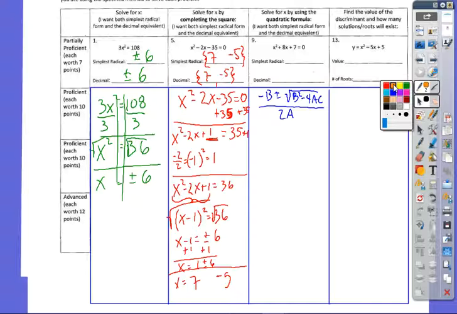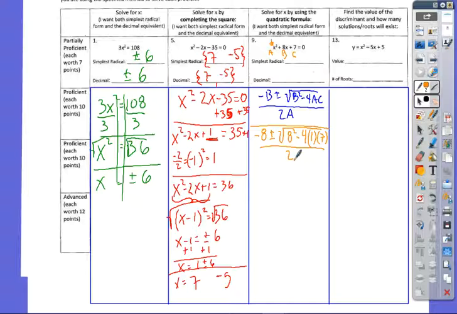I can see by the equation my a term is here, my b term, and my c term. So my b is 8. So we end up with negative 8 plus or minus the square root of 8 squared minus 4 times my a value, which is 1, times my c value, which is 7. All over 2 times 1, which is 2.